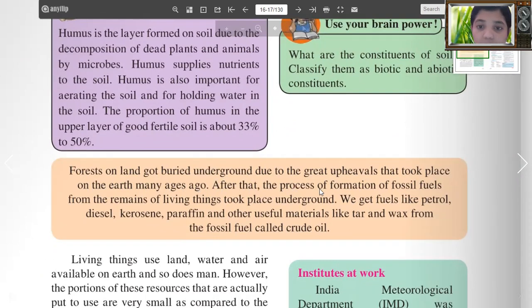After that, the process of formation of fossil fuel from the remains of living things took place underground. We get fuels like petrol, diesel, kerosene, paraffin, and other useful materials like tar, wax from the fossil fuel called crude oil.